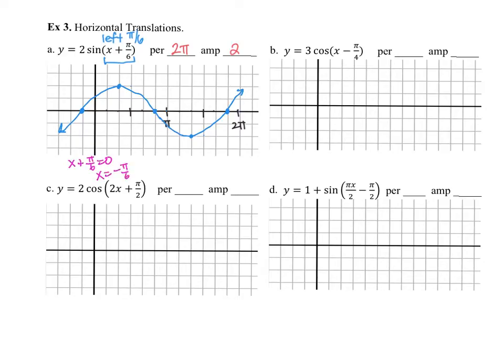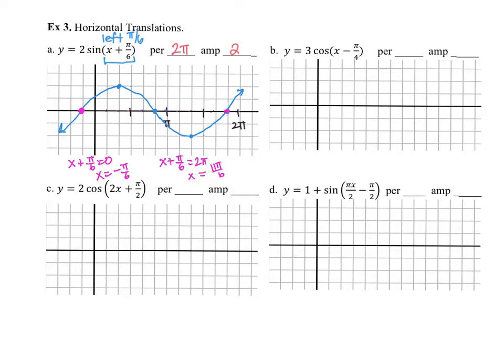X equals negative pi over 6 is going to tell me the start of a cycle, which is this point. If I set x plus pi over 6 to 2 pi, which is 12 pi over 6, and I subtract pi over 6, I get 11 pi over 6, and that's going to tell me the end of the cycle, which is 1, 2, 3, 4, 5, 6, 7, 8, 9, 10, 11 pi over 6 is right here.